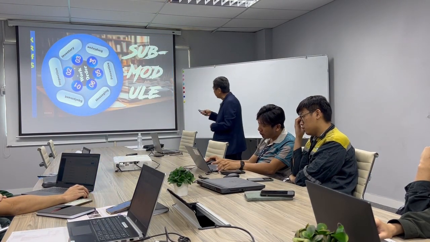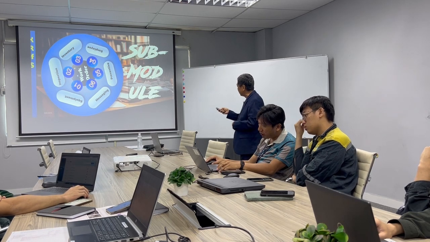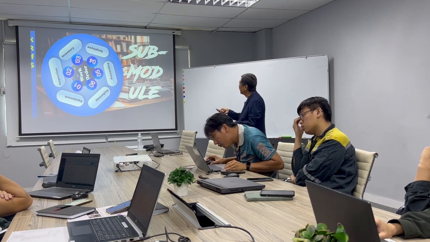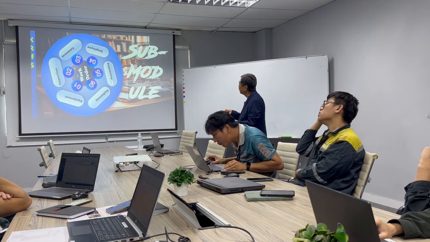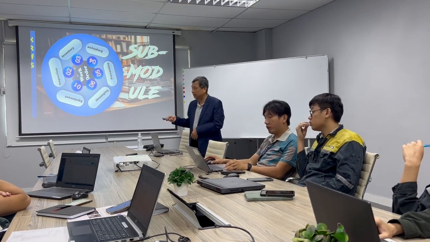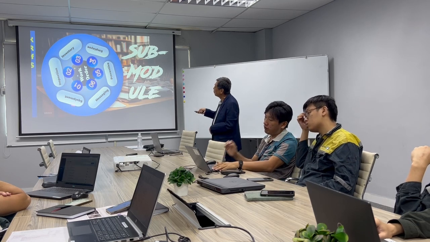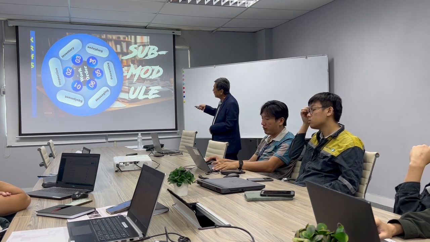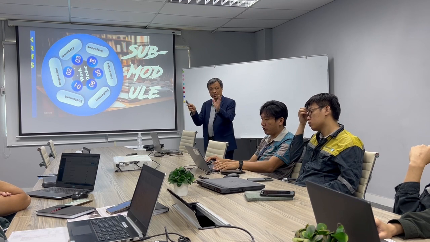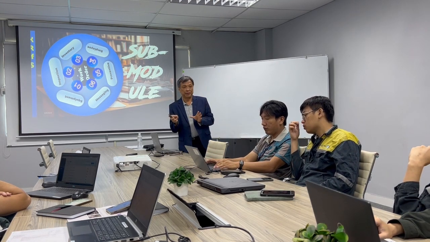Now, in order for you to work well in the work order, okay, actually there are a lot of sub-modules inside this software. Right? All these sub-modules will go around as a core, as I told you just now. It's a core for the CMMS.